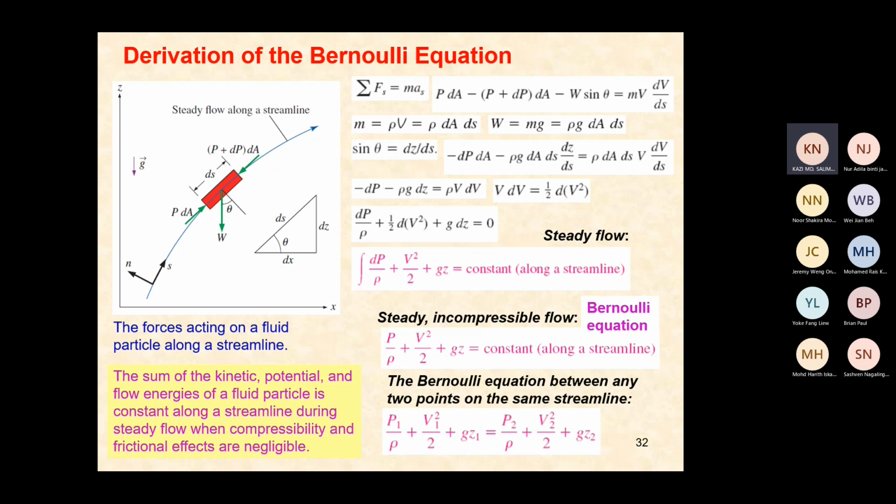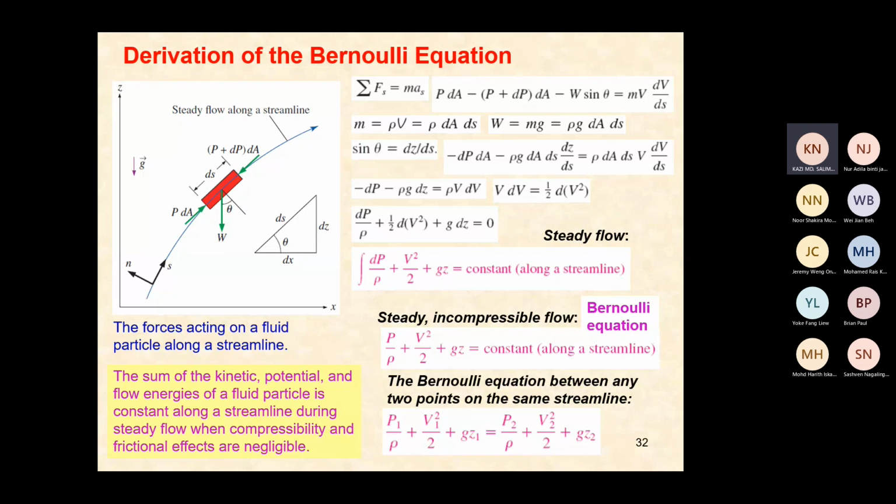So steady incompressible flow is valid for Bernoulli's equation, giving us P by gamma plus V squared by 2 plus gz. If rho remains constant, then the integration of dP gives us P, so it's P by rho plus V squared by 2 plus gz. That is the constant along the streamline here.